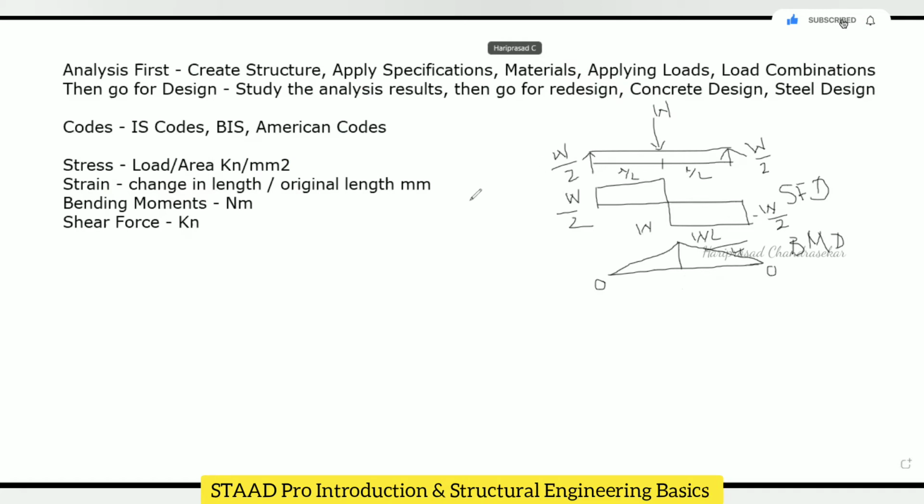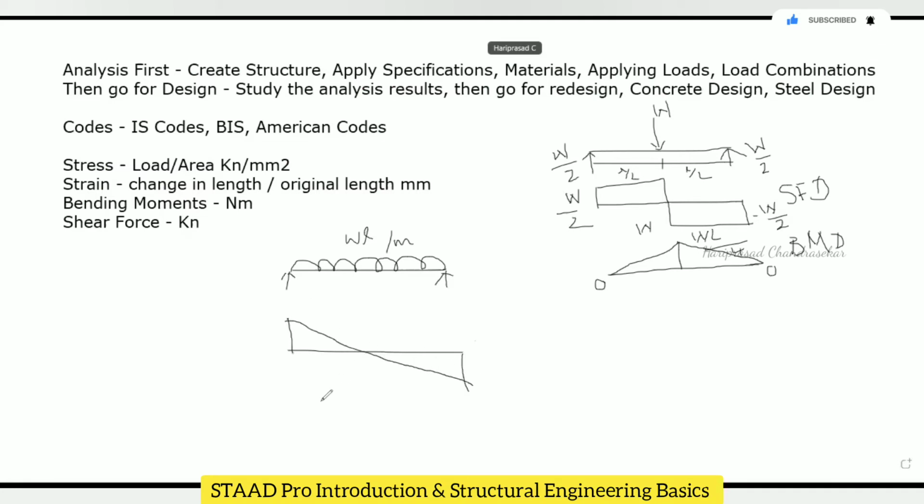So it will vary for a uniformly distributed load. If it is a uniformly distributed load, it will be like this, W per meter. The shear force will be maximum at the supports, but not linear; it will be like this actually.